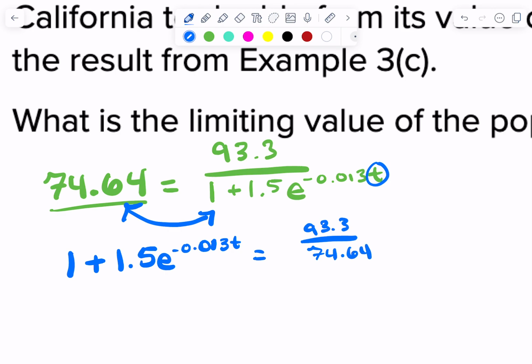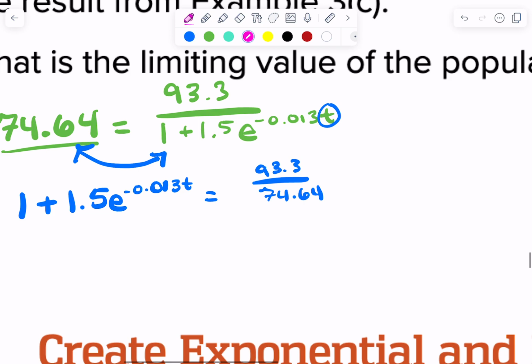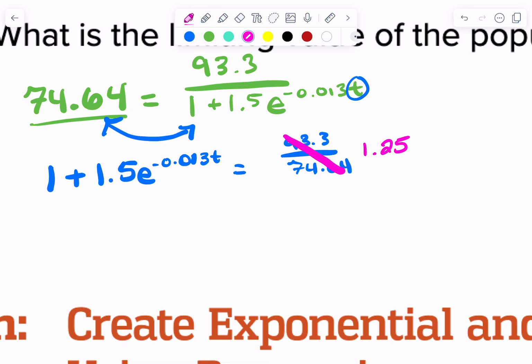Now let's do some stuff. What is 93.3 divided by 74.64? 1.25. Awesome. Now we can do some more algebra. Minus 1. So I have 1.5 e to the negative 0.013t equals 0.25. Now what?